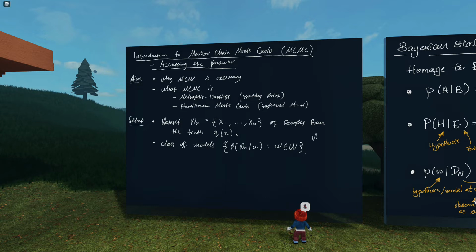So capital W here is the parameter space, little w refers to a parameter, which is a subset of R to the D, for however many parameters you have being D.